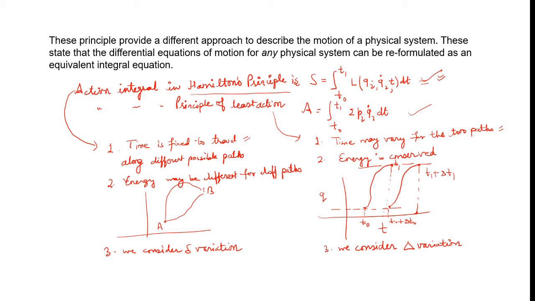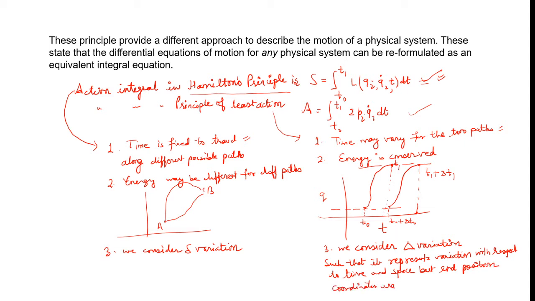End point may be different, but the end position coordinates should be the same for any of the paths, right?